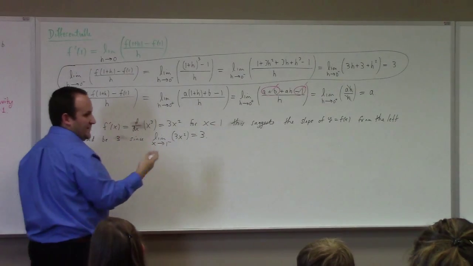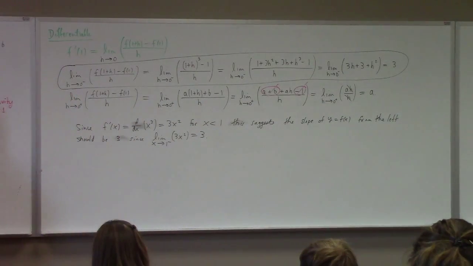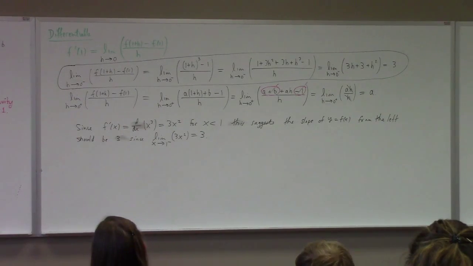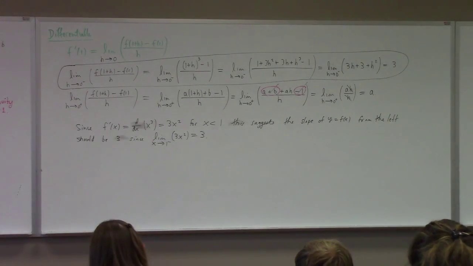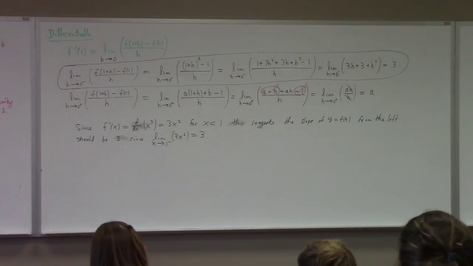So there should be some kind of sentence. You don't have to use exactly my words, but something to communicate, hey, I'm using the 3x squared because that's the derivative over there, so it has to piece together with the derivative on the right, and they have to match up.